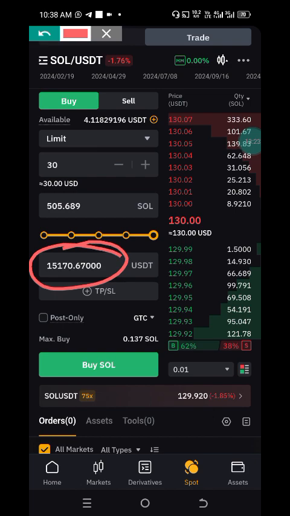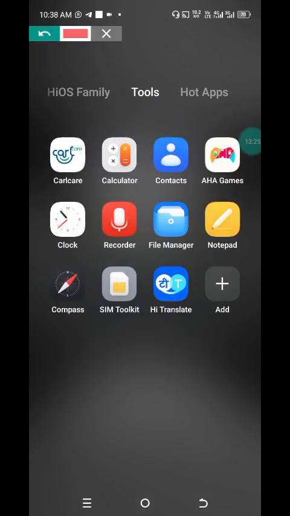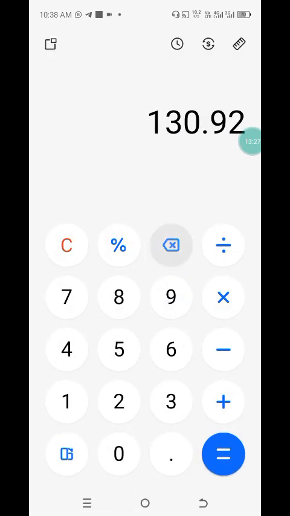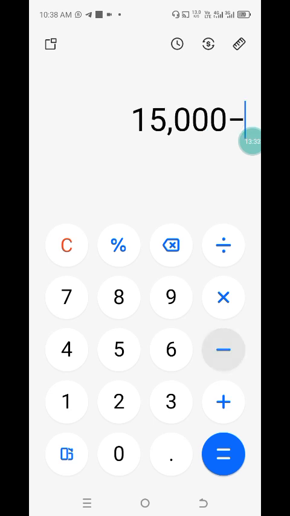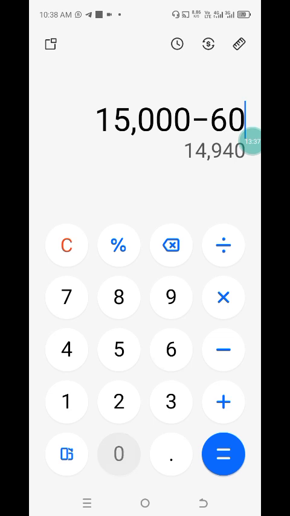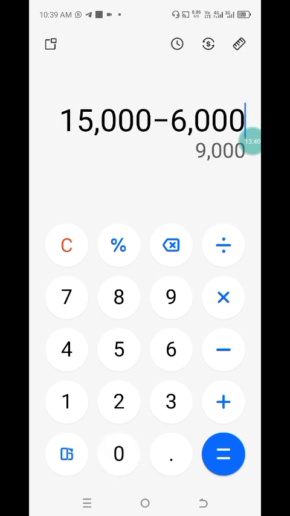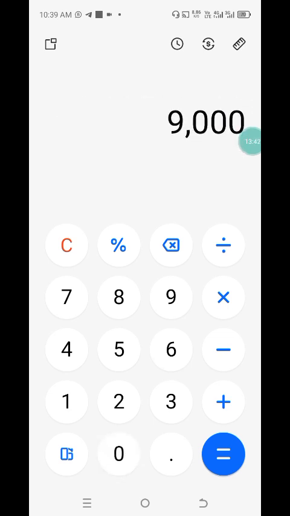If we calculate 15,170, let us do it this way. You invest 4,000, 15,000. Let it be $15,000 minus 4,000 plus 2,000, 6,000 minus 6,000. With your previous investment, you are in profit of 9,000 US dollars.